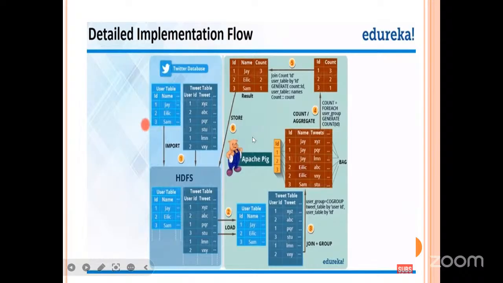After join plus group, you are going to load the data into a bag. Just now we have spoken about bag and tuple, right? So what is a bag? To the right hand side, write down there, user ID. Here, user one, that is some person X, has given multiple tweets.